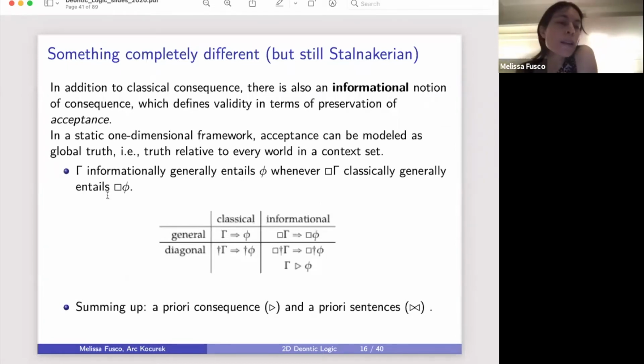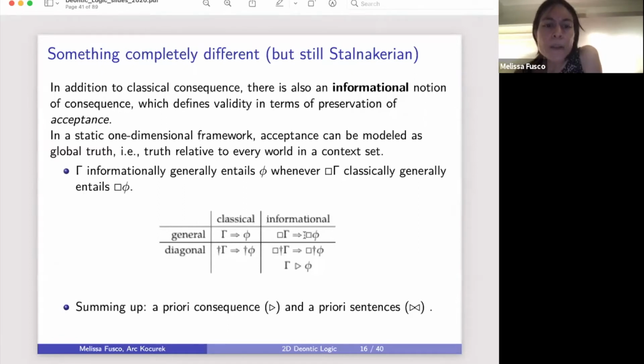So say, gamma informationally, generally, so now we have two axes to distinguish general versus diagonal truth and consequence, and also classical and informational. So say gamma informationally generally entails phi, whenever box gamma classically generally entails box phi.